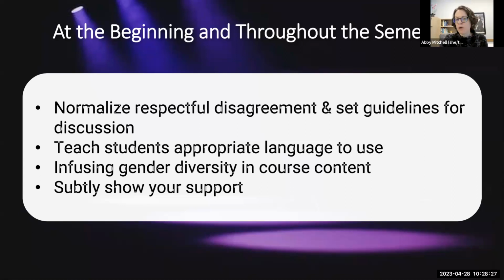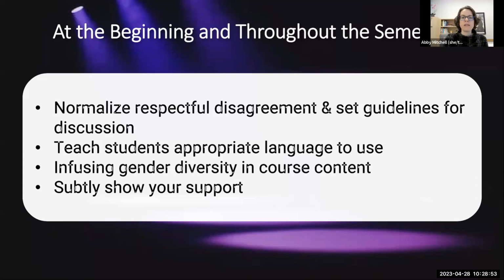Also, teaching students appropriate language to use. You not only want to model that, but I'm also teaching students so that they're using it in the classroom. And so trans and non-binary students are not having to hear their peers using the wrong terminology throughout the course. Infusing gender diversity in course content, even if you're not necessarily talking about gender identity.